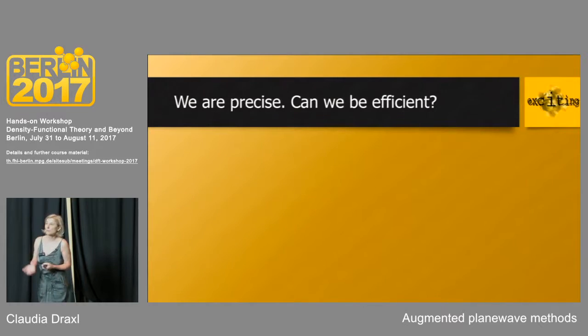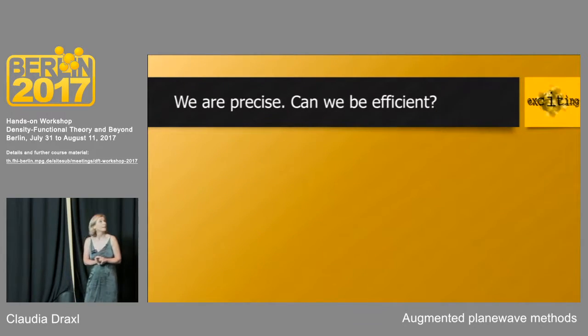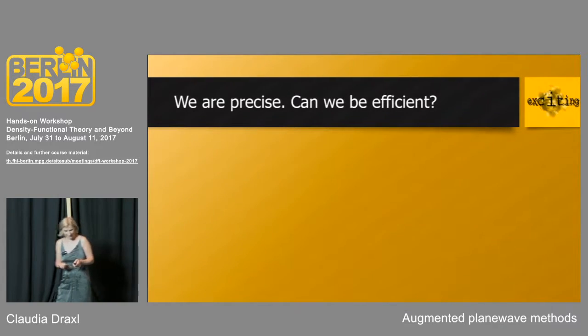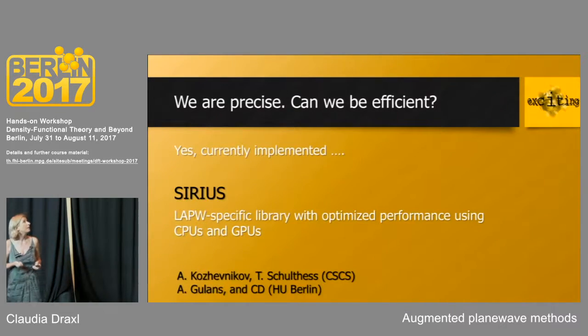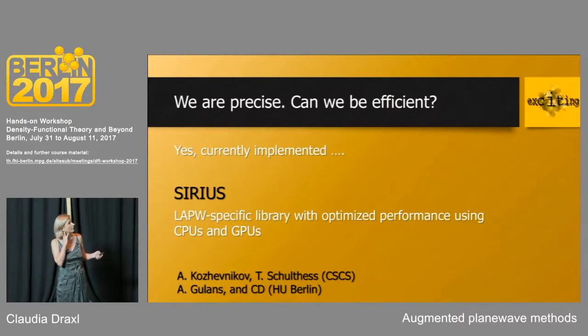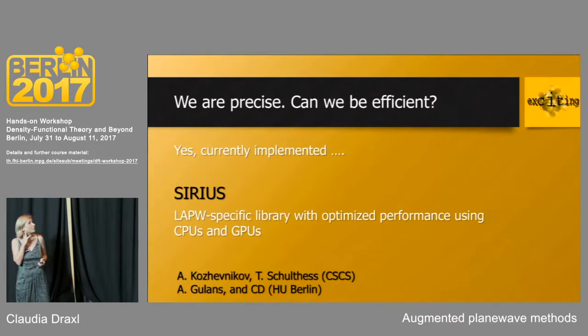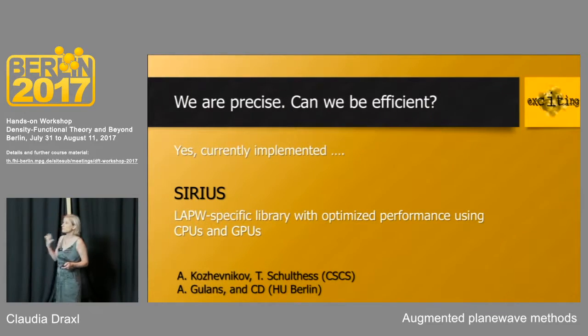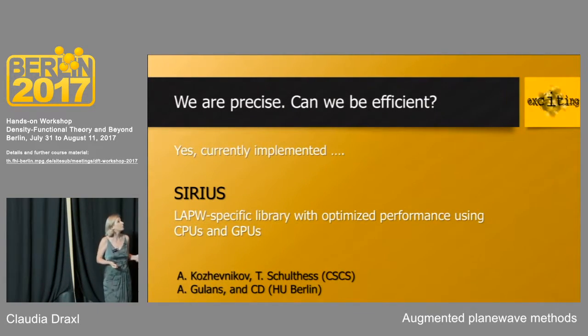And so the natural question to ask at the end is, can we be precise and efficient at the same time? And here I have also good news as an outlook. So yes, we have been working together with people from the Swiss Computing Center, Anton Kozhevnikov and Thomas Schulthess, on an LAPW-specific library, which is speeding up most of the processes and giving optimized performance using different computer architectures.